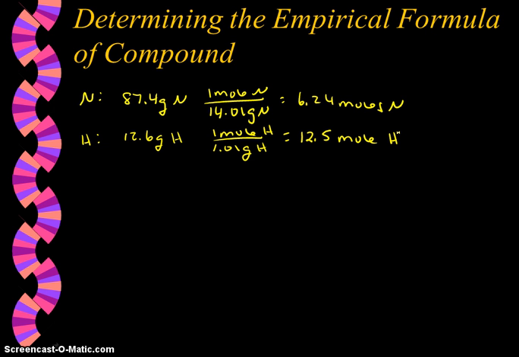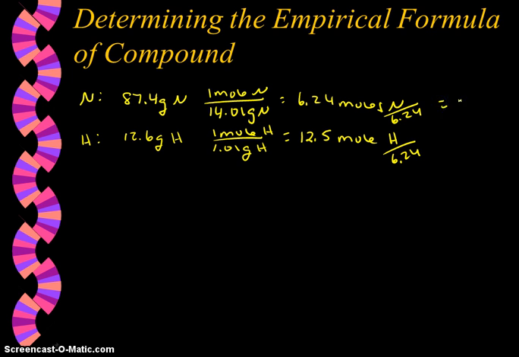Now we wouldn't write our compound as N6.24 H12.5. We want to come up with the simplest whole number ratio. And the easiest way to do that is to divide by the smallest number. So we're going to divide by 6.24 and 6.24.